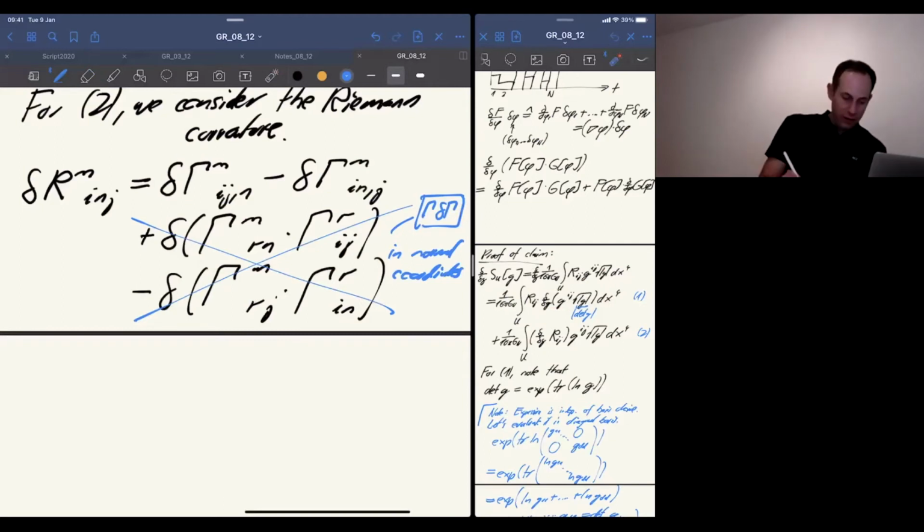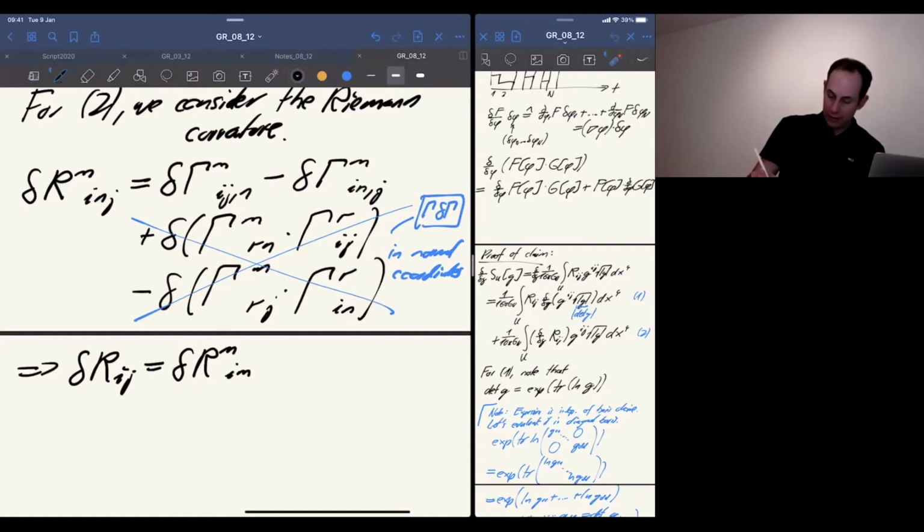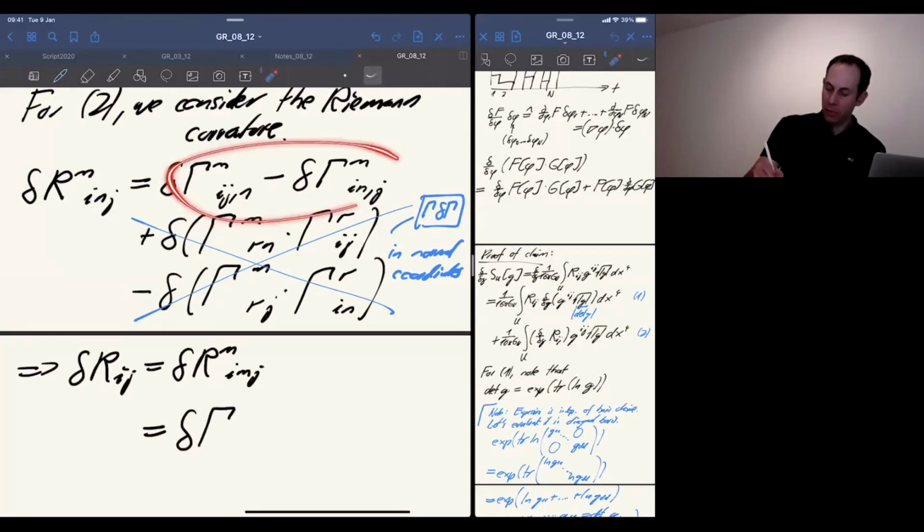So hence we can write the following. We can say that the Ricci tensor, which is the contraction of the Riemann curvature, so remember it's essentially taking an index upstairs or summing over the index upstairs with the second index downstairs. That was the definition. We just keep the two terms here. So I just now copy these two terms, but I sum over m identified with n.